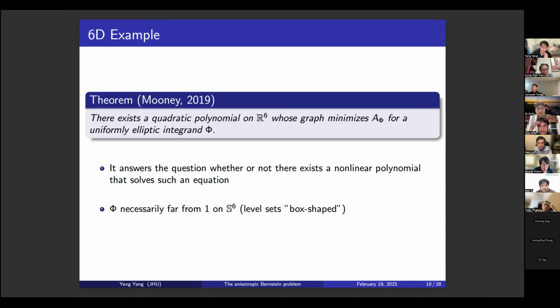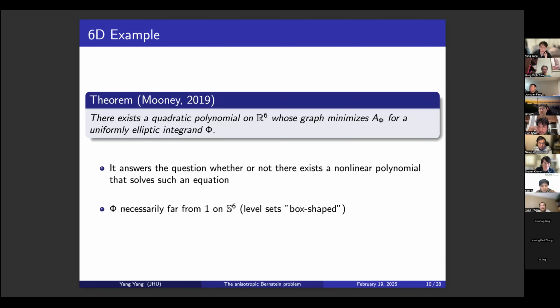And the second remark I want to say is that this integrand phi should be far from the area case, where the one level set of the area functional is just a circle. Actually, the one level set of this function phi he constructed is box shaped, so it's far from the circle.